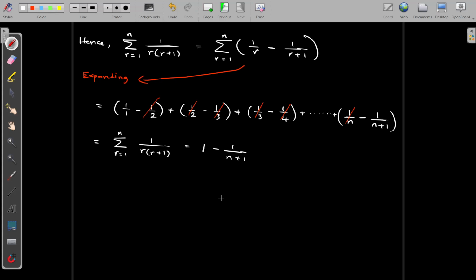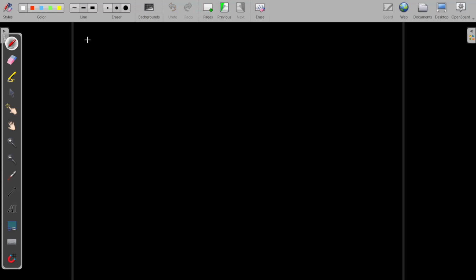Alright, let's try another one. So this one says, I think I should do it on another page. Show that r plus 1 all squared minus r squared is equal to 2r plus 1.